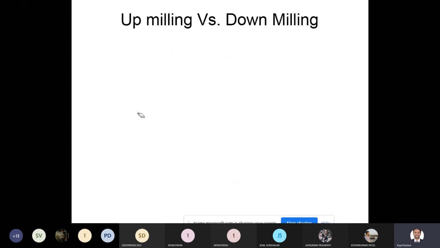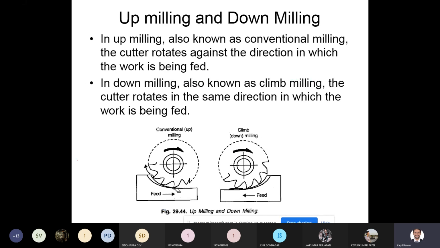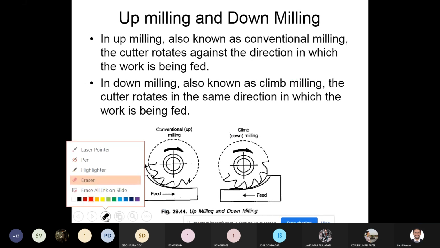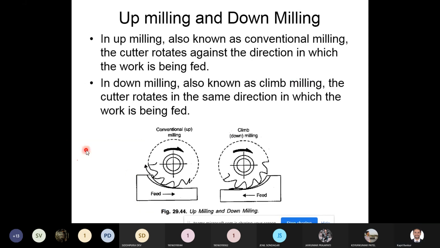See in this figure, from this figure you can easily estimate. What happens in up milling? In up milling, your shearing will start over here. From here, chip thickness is minimum, and once it moves upward, the chip is removed, so here chip thickness is more.